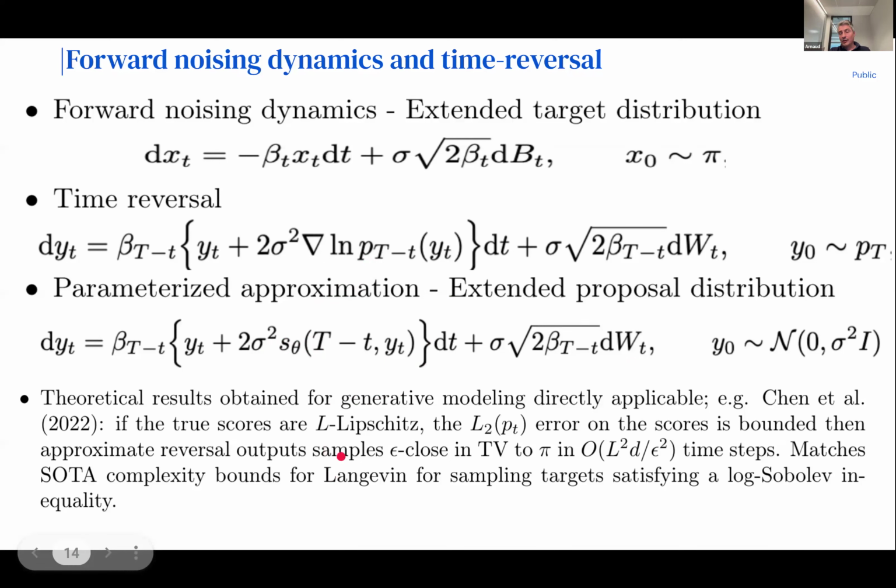For this type of result, because this is very similar to what has been done in generative modeling, it's actually exactly the same idea. Then you have quite a few theoretical results that have been presented in the literature. In particular, here I quote some results of Shinoshui that were presented in 2022. So if you could approximate the score, that'd be amazing.